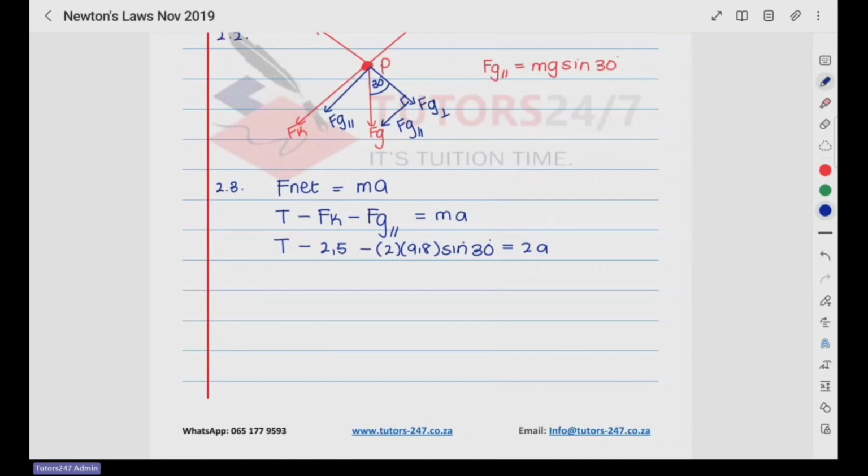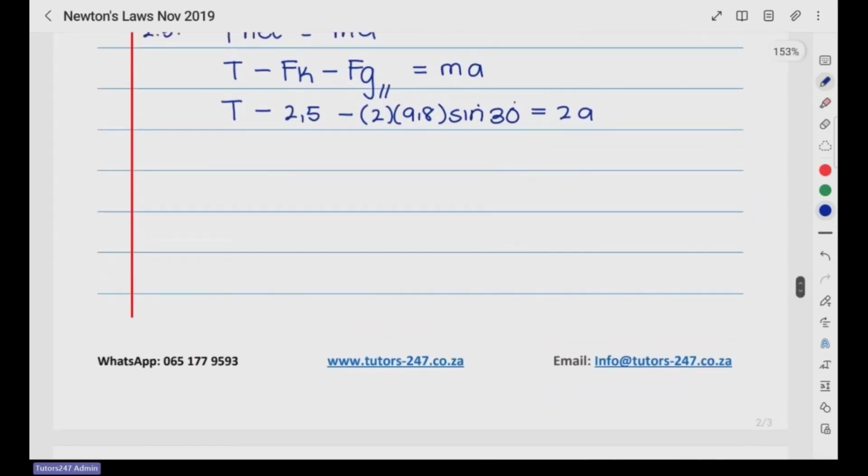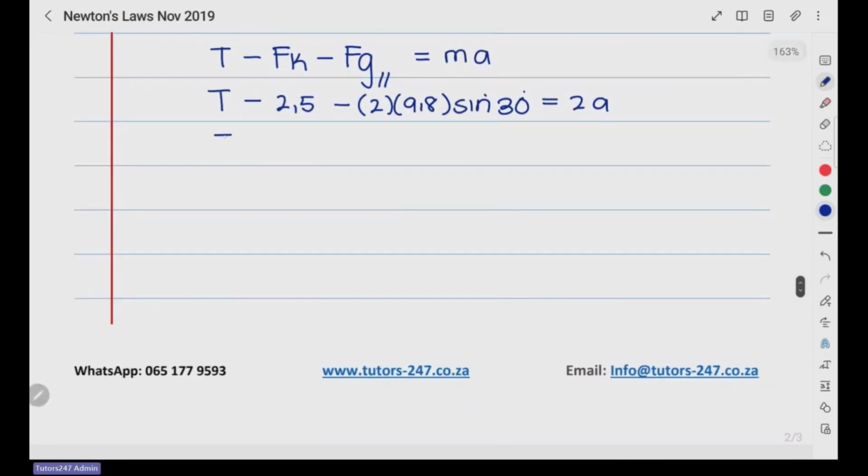So, okay, just give me a second. So this is going to be minus 2.5 minus 2 times 9.8 times sine of 30 degrees. That gives me minus 12.3. So from here we have tension minus 12.3 equals 2a. Now, if we are solving for acceleration, what are we going to make the subject of our formula? Is it going to be T or a?